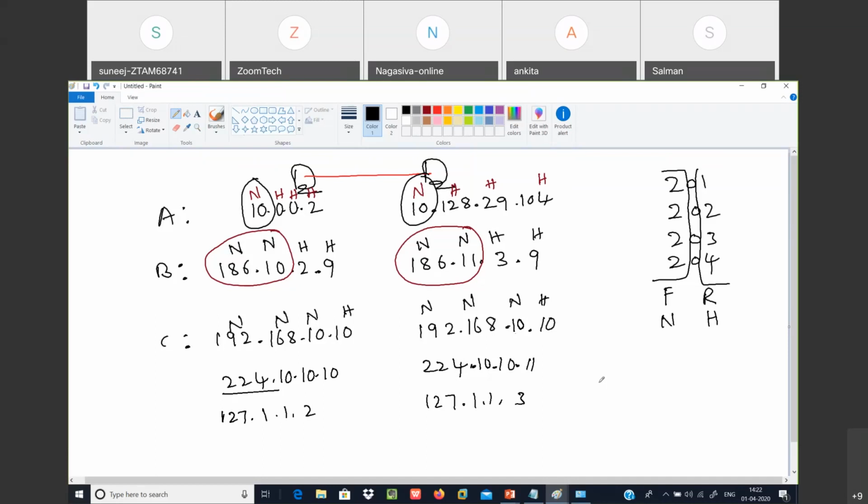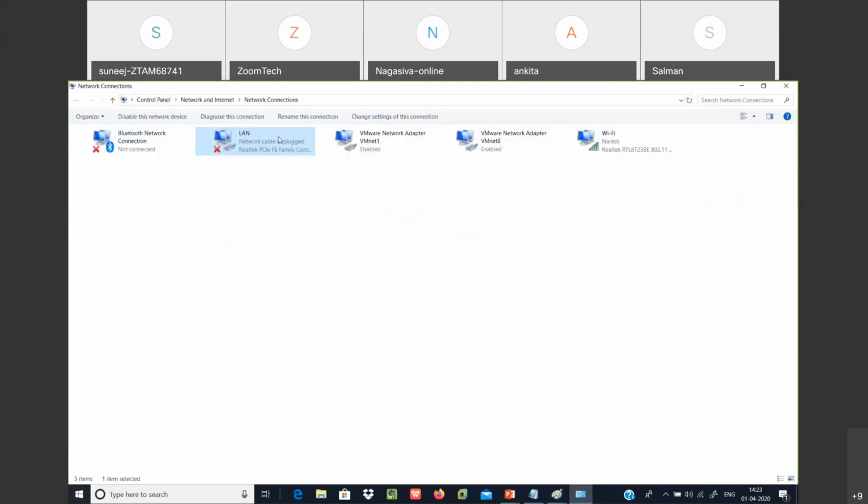Actually, it is class A, but the 127 network is minus, right? So what is the purpose of the 127 IP address? It is reserved for loopback. The IP address is only for testing purposes, to check the TCP/IP stack only, right? So even 127 we cannot make use of. 127 is minus, right?